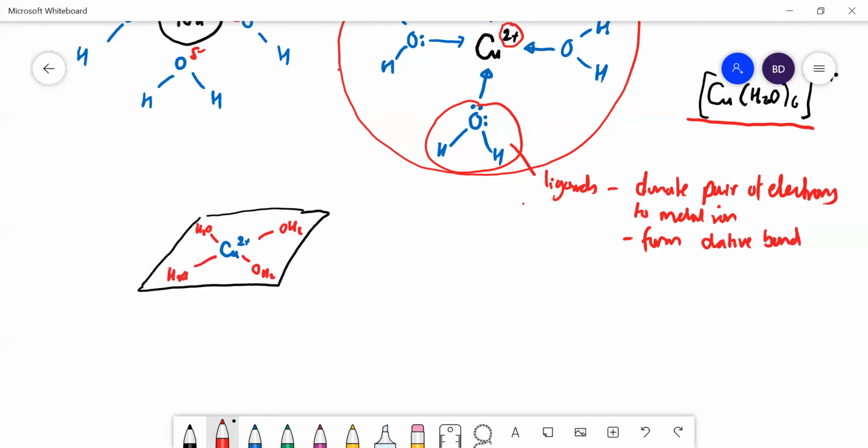So the bond angles are all 90, and then you have one sticking down and one sticking up, and they're all dative bonds. We just remind ourselves by putting the arrow on. And the shape of this complex is octahedral.